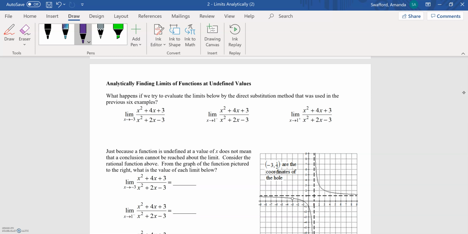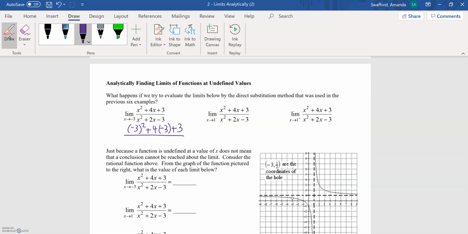So let's plug in right here. We're going to plug in -3 and see what happens. So as I clean this up, I'm going to say, okay, well, -3 squared is 9, minus 12, that's -3, plus 3, I get 0 in the numerator. Okay, not so bad.